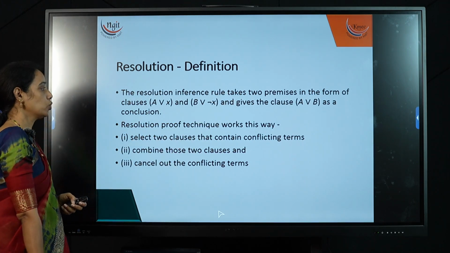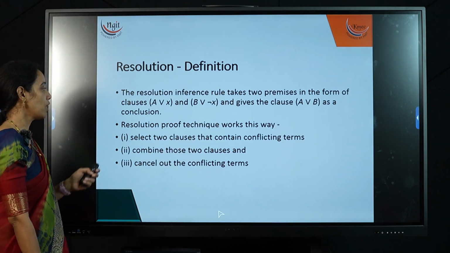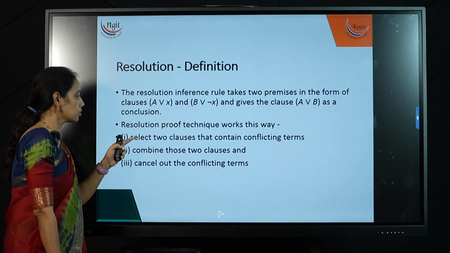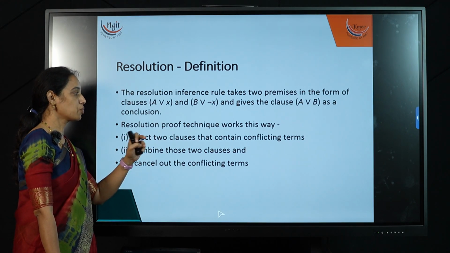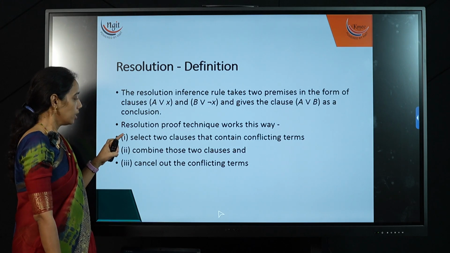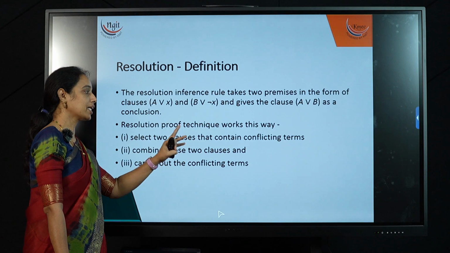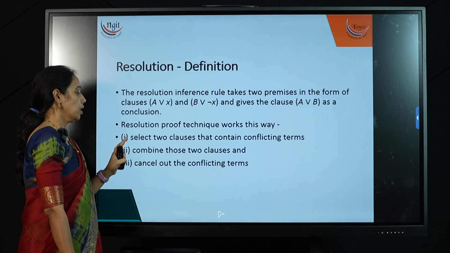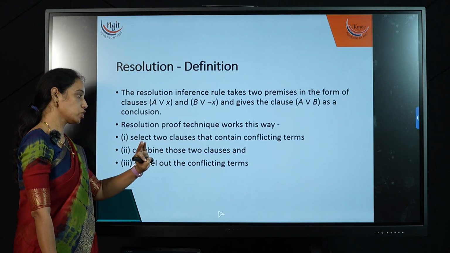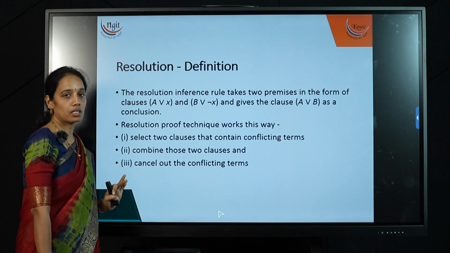For that we need to follow some rules while we are using resolution. So this resolution proof technique works in this way. The very first step is we select two clauses that contain conflicting terms, combine those two clauses and cancel out the conflicting term.